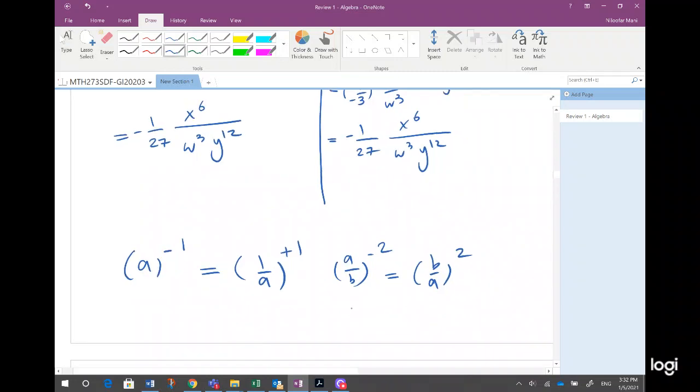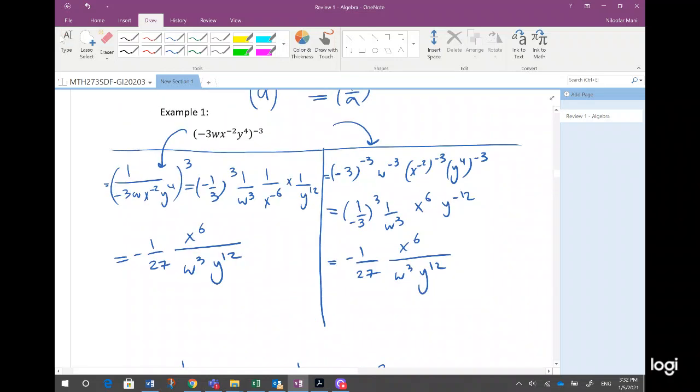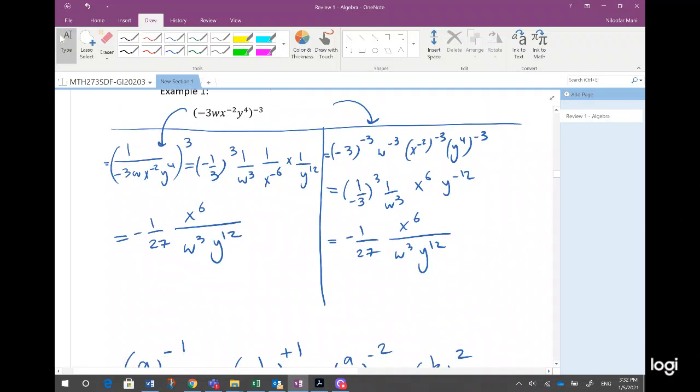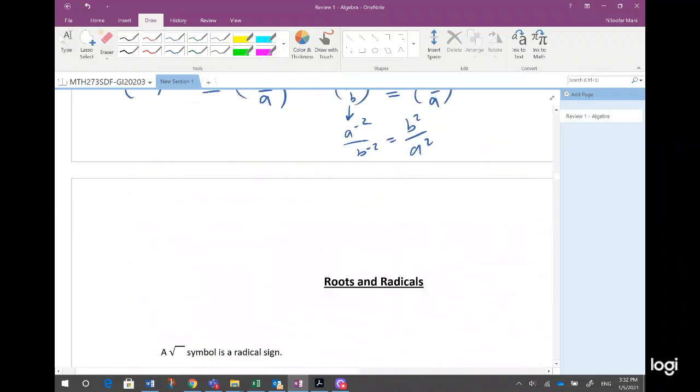I don't need to say here a power minus 2 divided by b power minus 2, and then say okay, b power 2 and a power 2. See, it's more work, so I flip it and change the power to positive. So again, the left method is easier for me, but it doesn't matter. If you want to go with the right one, you can.